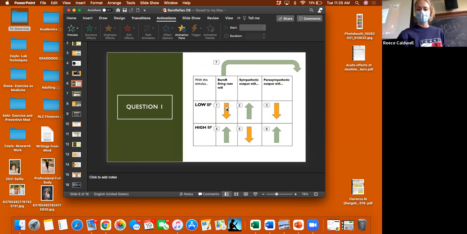Yes, but parasympathetic is basically when they're too constricted. That's when that happens. So that firing rate, whenever we have low blood pressure, is going to decrease. And I think that's that negative feedback loop. I don't get it at all.